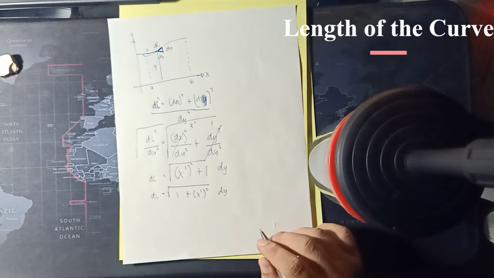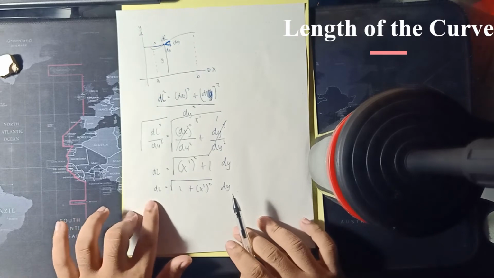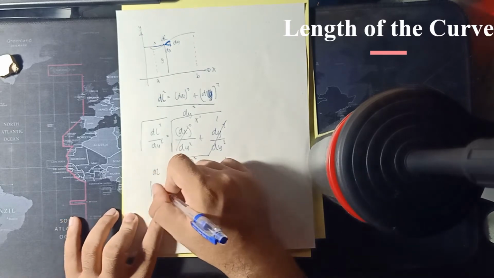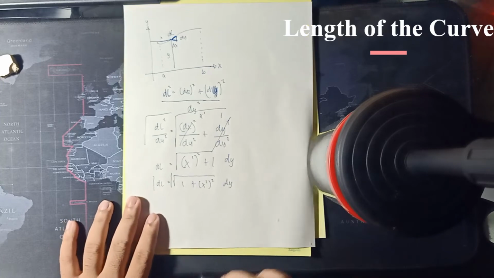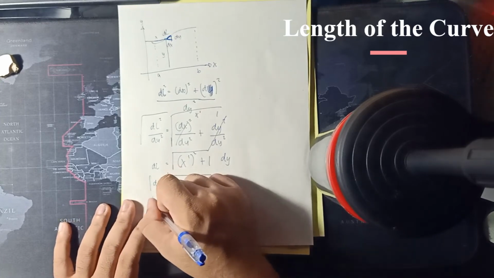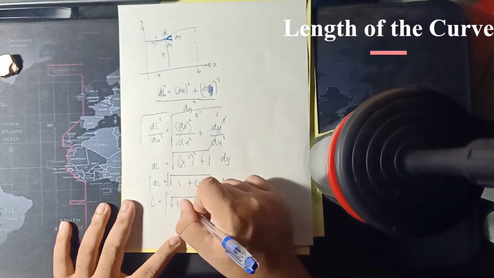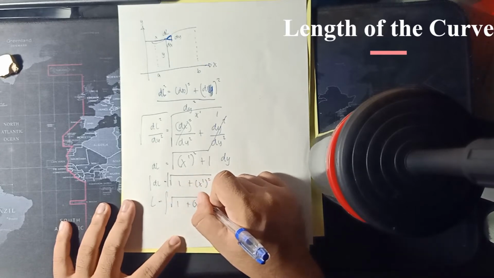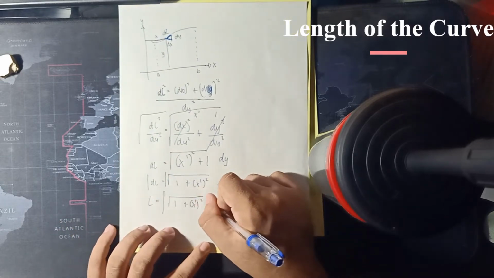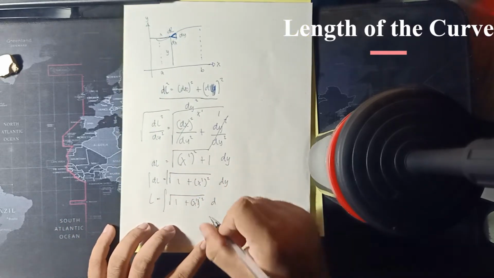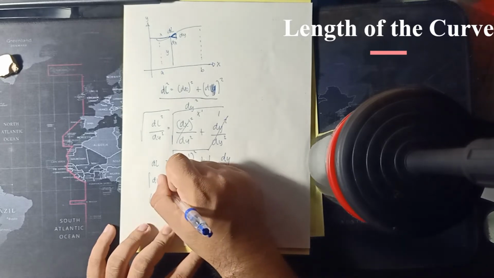Now if you take the integral of the differential length, the length equals the integral of the square root of 1 plus x prime squared dy, with limits from a to b.